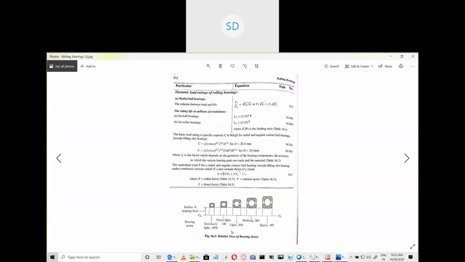Now just look here. For extra light, you have one type of bearing here. For light load, one type here. For medium load, one type here. For heavy load, one type here. 1 extra light, 2 light, 3 medium, 4 heavy. These are the series, based on the relative sizes.